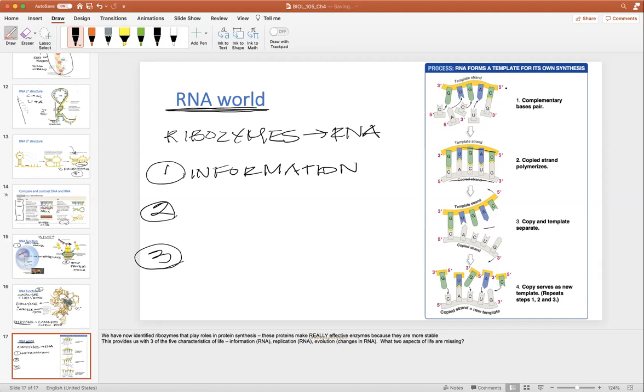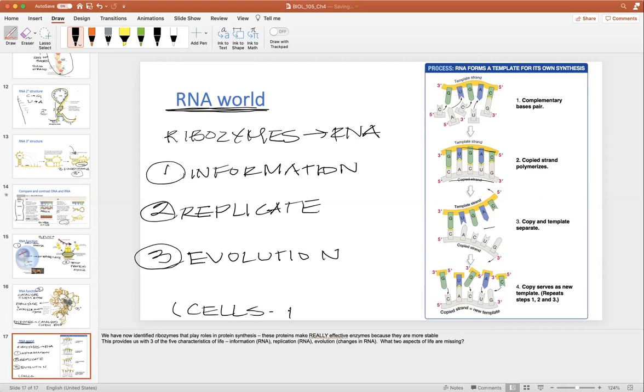So here you go right here, a series of bases that act as information. Okay, ribozymes can cause the RNA molecules to replicate. And if there were any mistakes in that replication, then you would end up with evolution. So the only two features of life that we're missing are cells and the energy that cells need to consume.